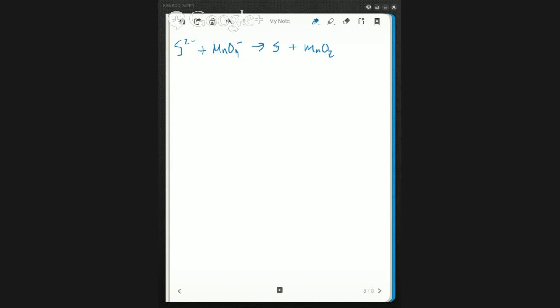Okay, so we're looking at the changes. We have sulfur 2 minus, or sulfide ion, that's being changed into sulfur itself. And then we have our permanganate, MnO4 minus, that's being changed into manganese dioxide.